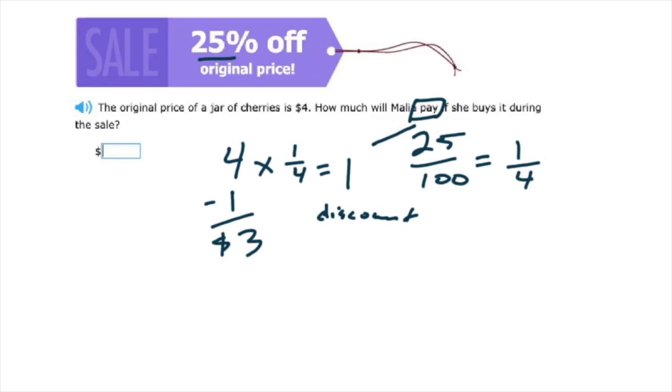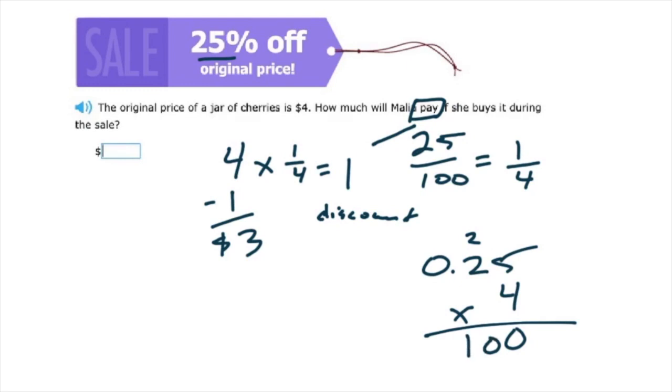Now, another option is to use our 25%, where we would take 0.25 times the $4 that we have, and what would happen here is we have 4 times 5, which is 20, 4 times 2 is 8, plus 2 is 10. It looks like 100, but we have 2 decimal places, so we'll need to move over 2, which tells us now that our amount becomes $1.